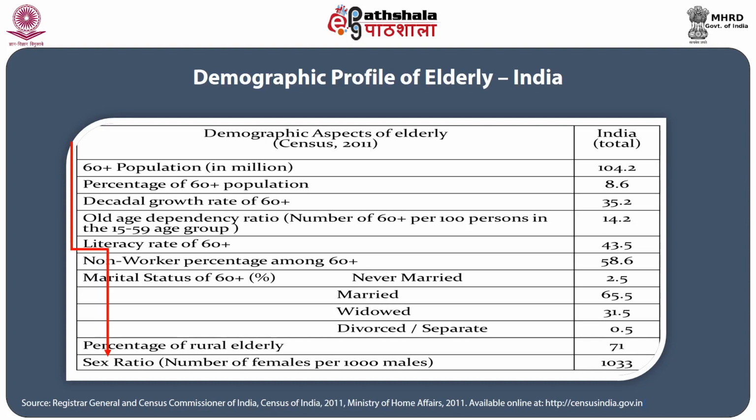That clearly shows that feminization of aging is currently experienced in countries like India, and it is universally seen. The life expectancy among female elderly is relatively higher compared to male elderly. Feminization of aging is increasing further and further.